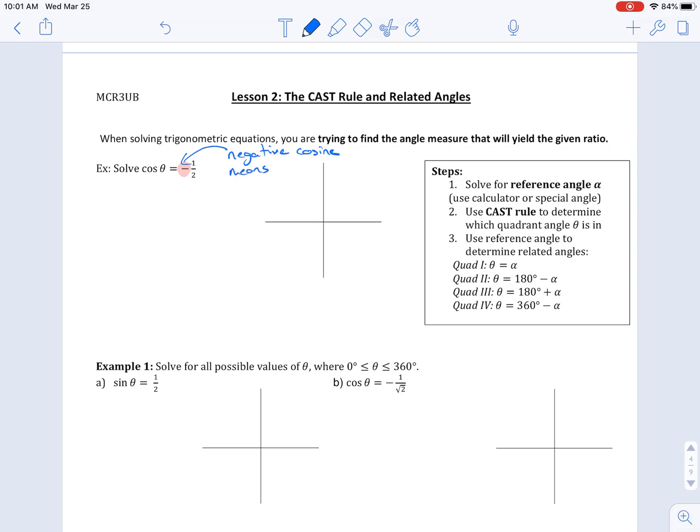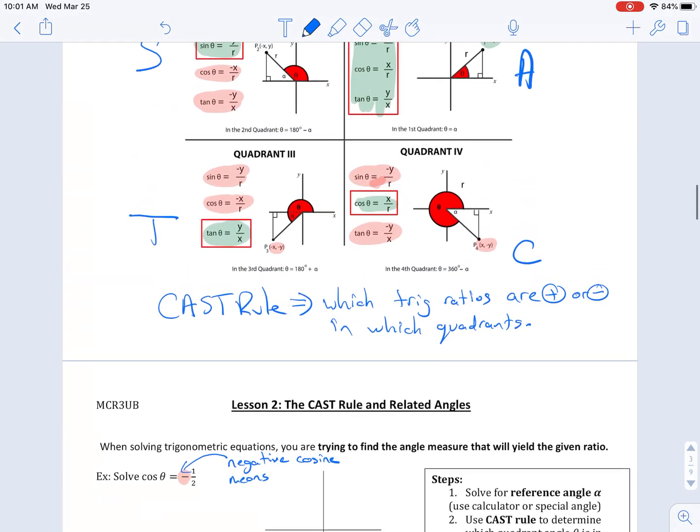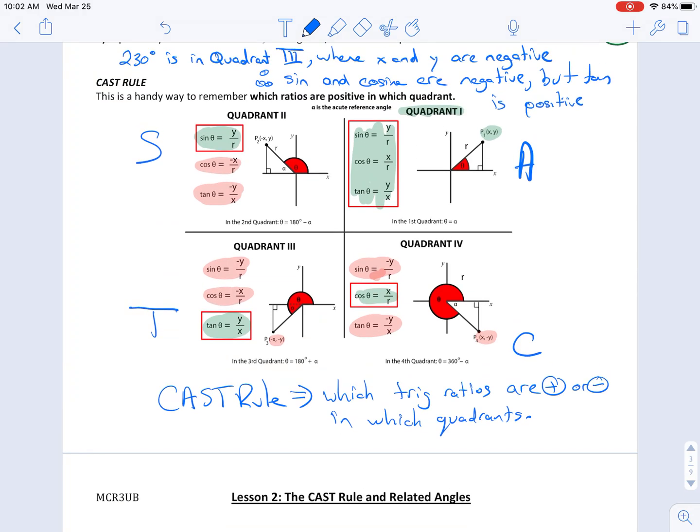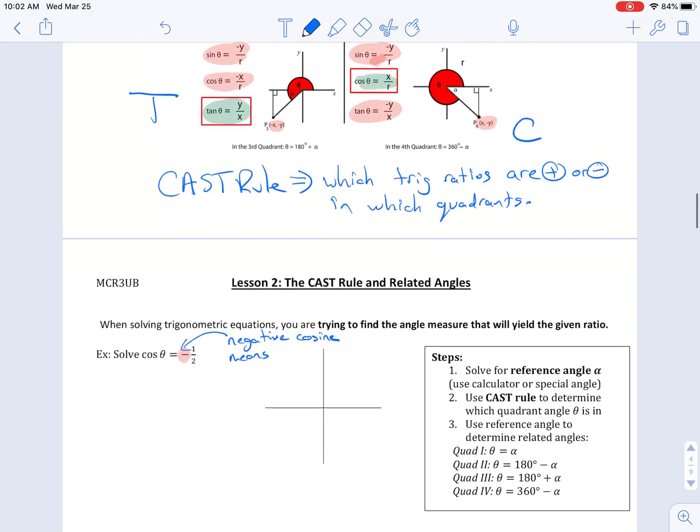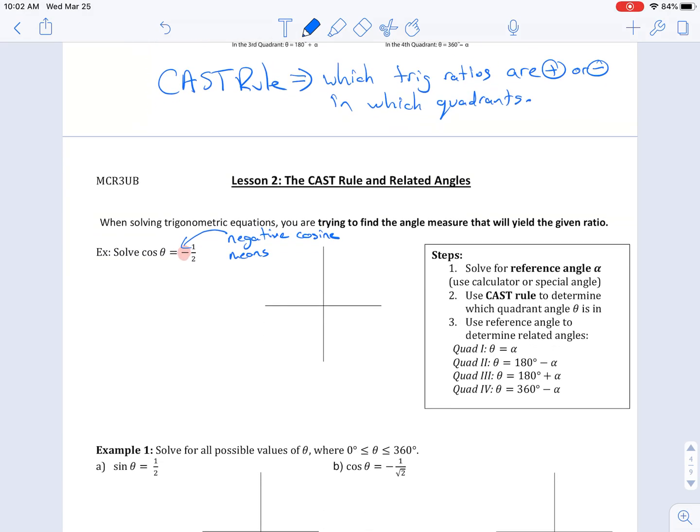It means that this angle theta has to be in which two quadrants. So if you look at where cosine is negative, that's this S and T quadrant. So that means quadrant 2 and quadrant 3. So I can automatically draw two angles in standard position, one in quadrant 2 and one in quadrant 3.